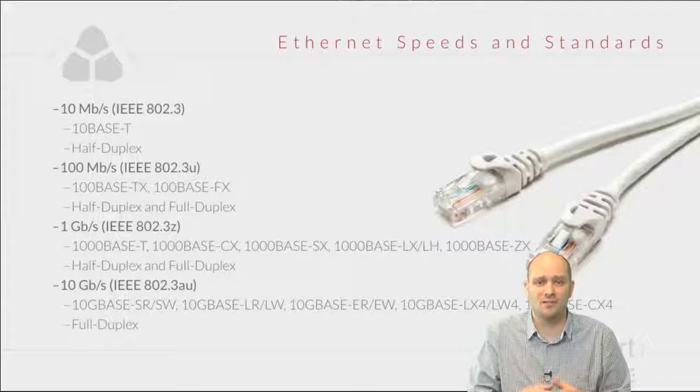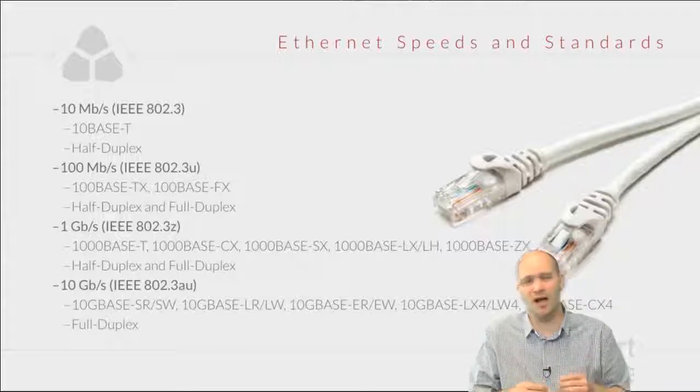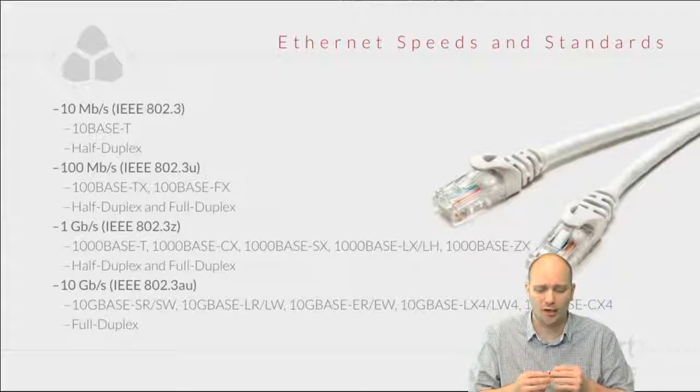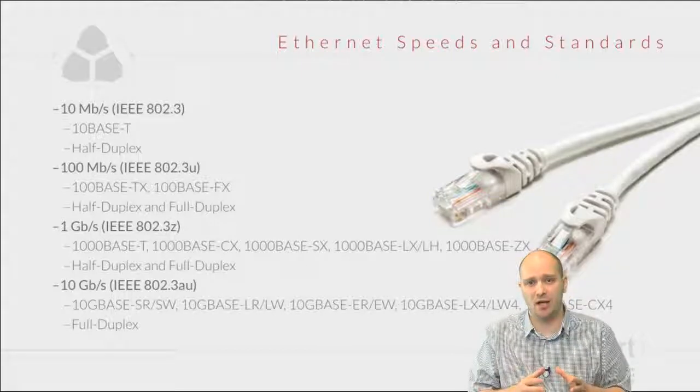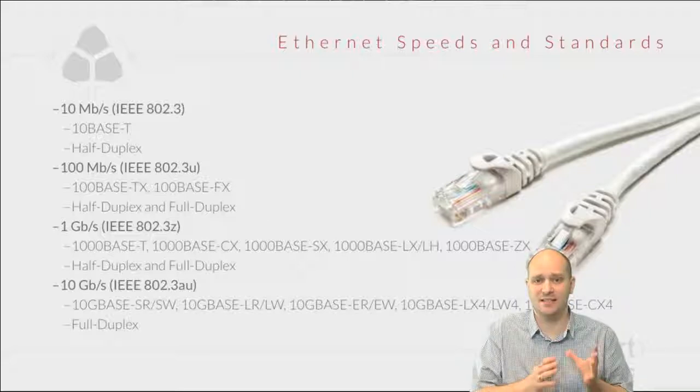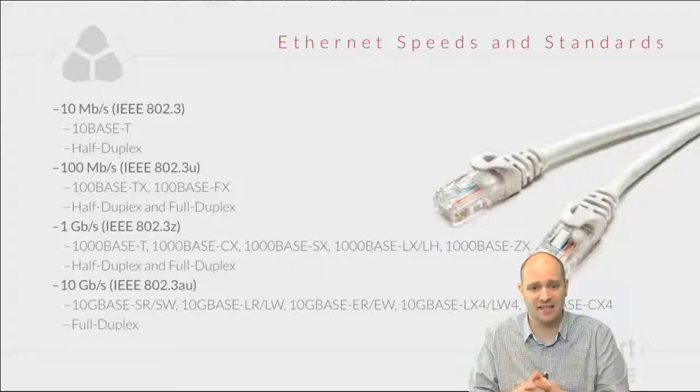These fiber optics can have different connectors. They are usually either LC, which are the smaller SFP kind of connector, or slightly larger ones called the SC connectors. So TX is copper and FX is fiber.